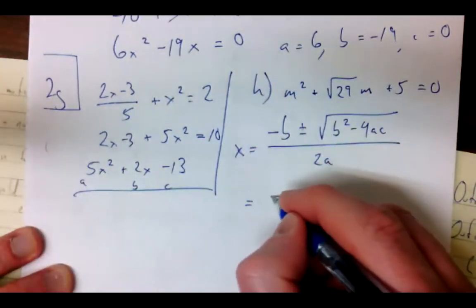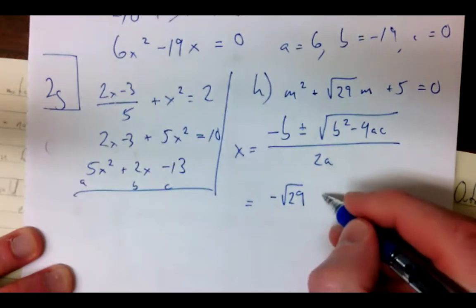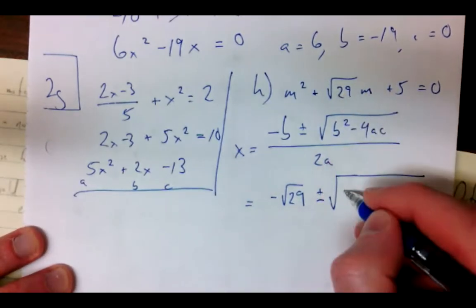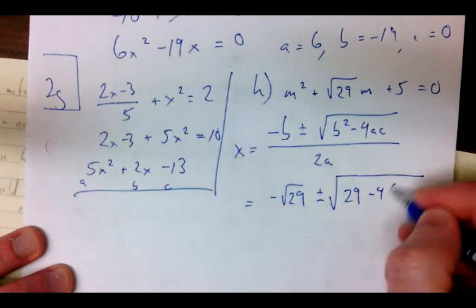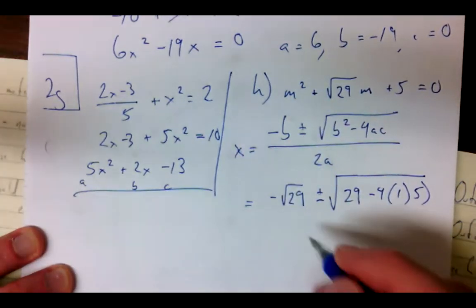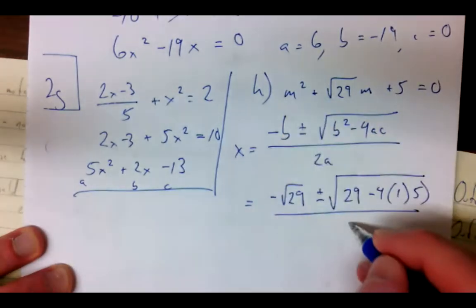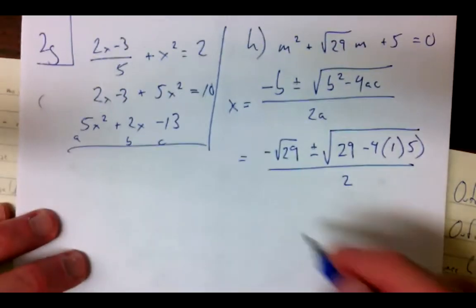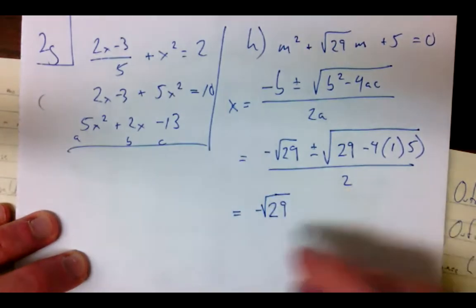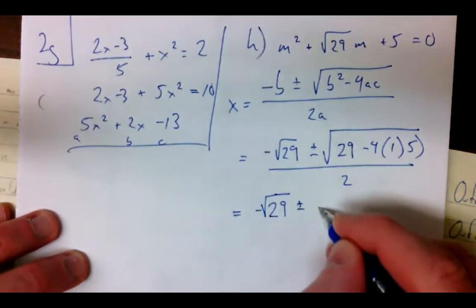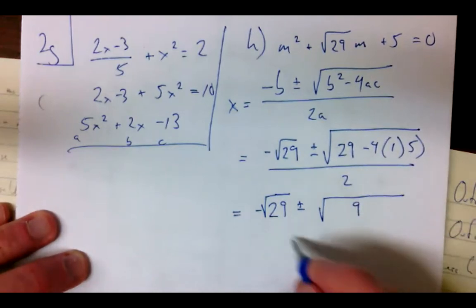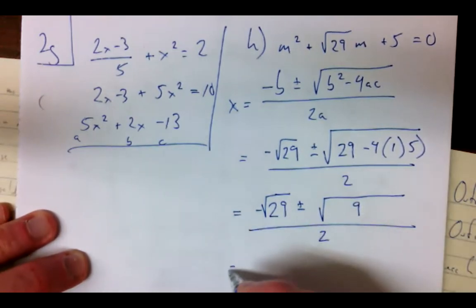Negative b, so it's negative root 29. Wow, this could be gross, eh? Negative root 29 plus or minus the root of b squared, so that's just going to be 29, minus 4 times a, which is 1, times c, which is 5, all over 2 times 1, which is all over 2. What a gross looking number this is. Plus or minus, we simplify what's inside. 29 minus 20, so it's going to be root of 9. Well, that's going to give us a nice number all over 2.